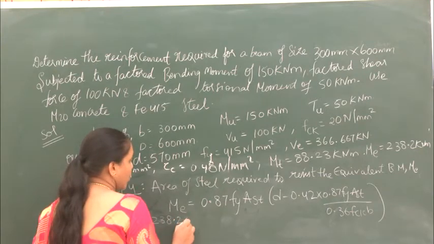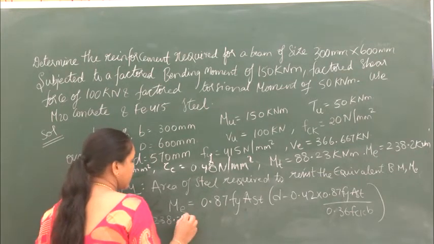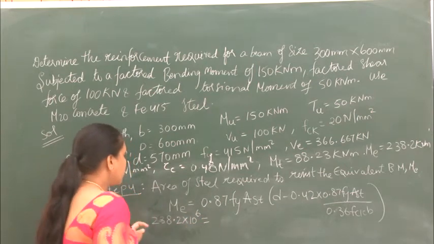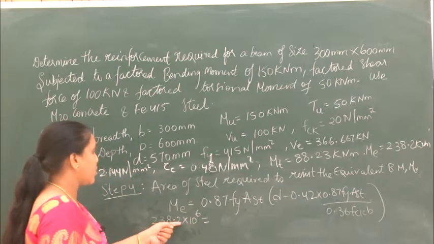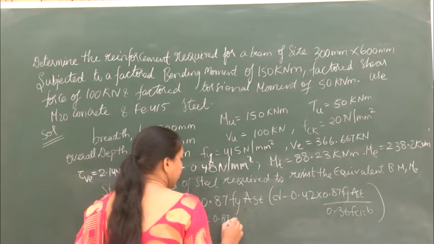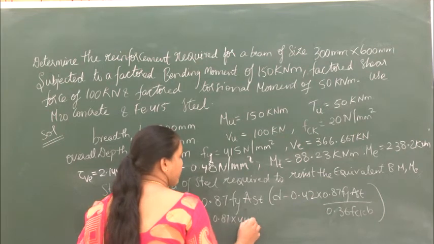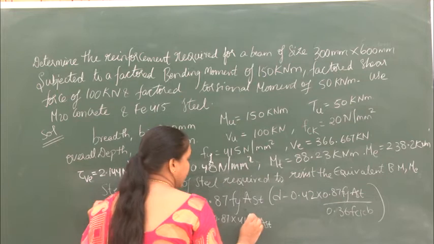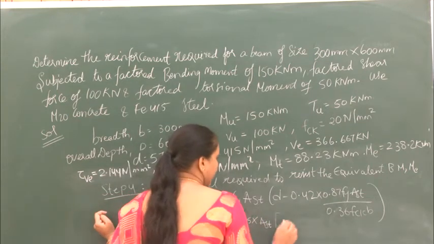238.2 kilonewton meter. So I am converting it into 10 to the power of 6. So ME is 238.2 into 10 to the power of 6 is equal to 0.87 into Fy, which is 415 because the grade of steel is 415, into AST into d. d is how much?